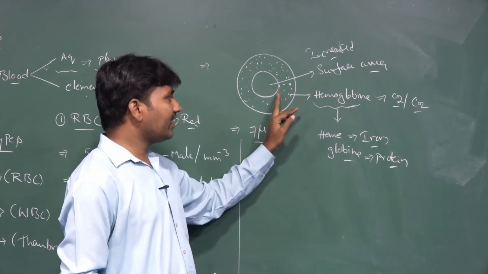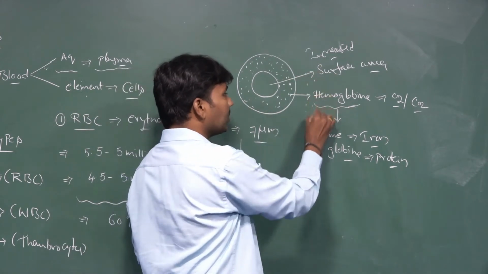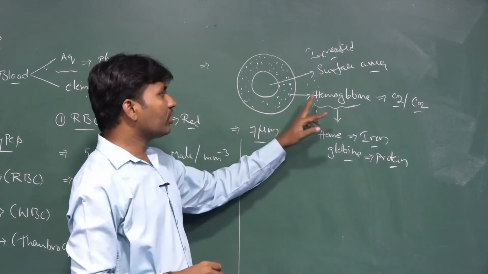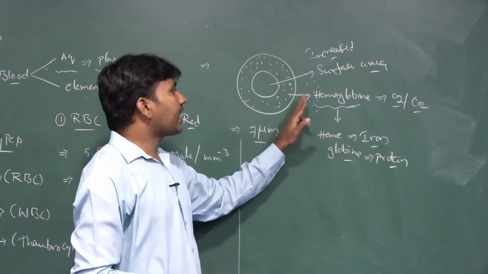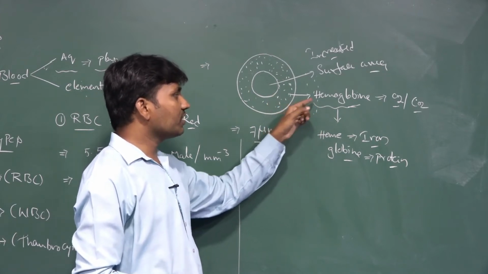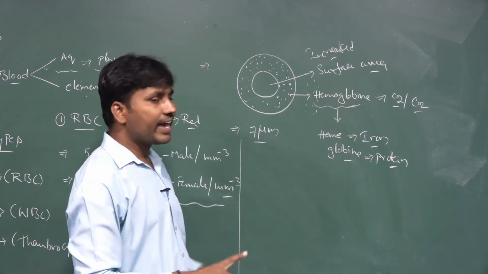Between the intercellular fluids, outside, and the intracellular fluids, inside, between these two fluids, gases are exchanged, or materials diffuse, with the help of the hemoglobin.